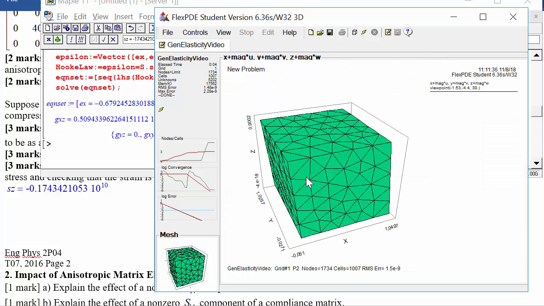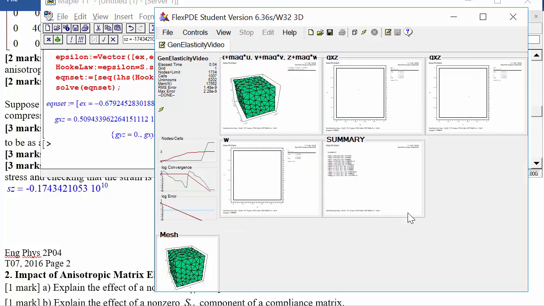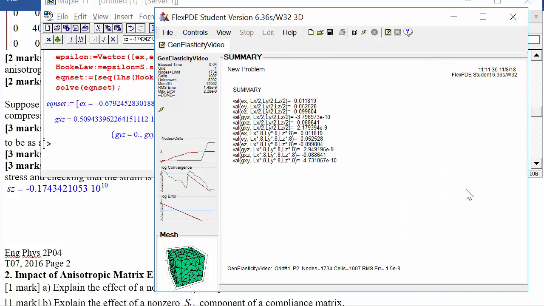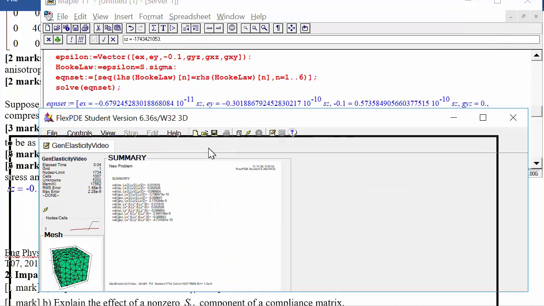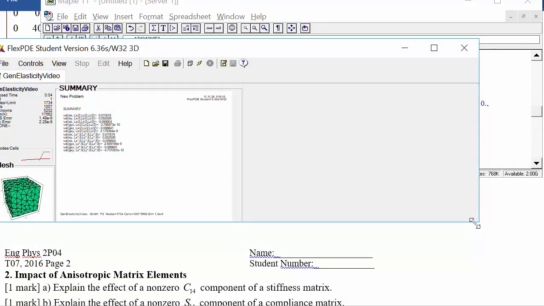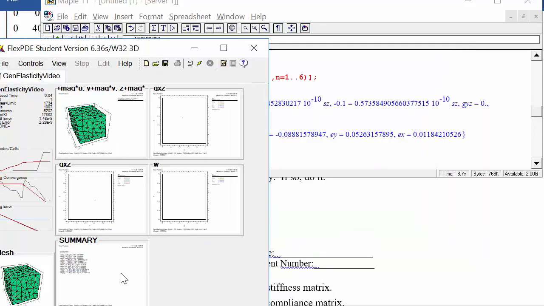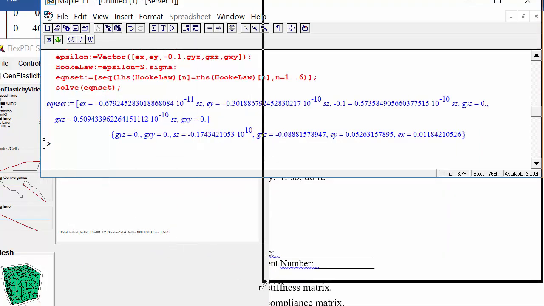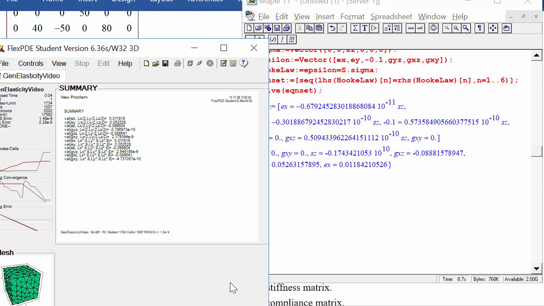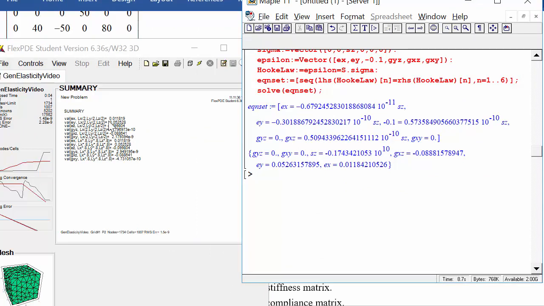It doesn't have this funky shape happening on the top, and we end up with values of the strains which now match much more evenly what we calculated with Maple. So just to compare these things here, EX is the same at one part of the thing as the other.